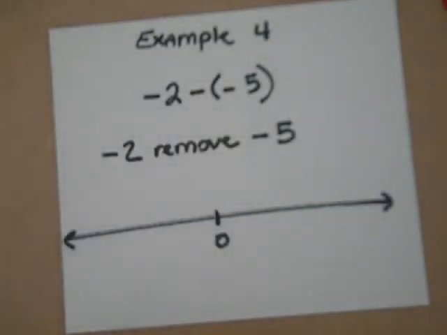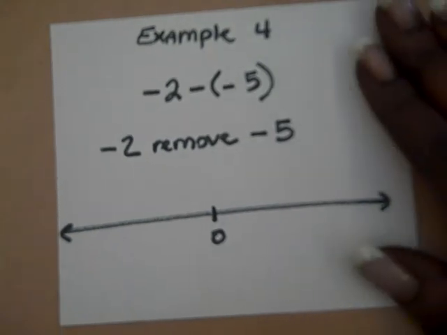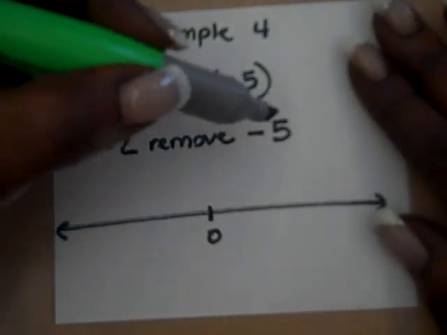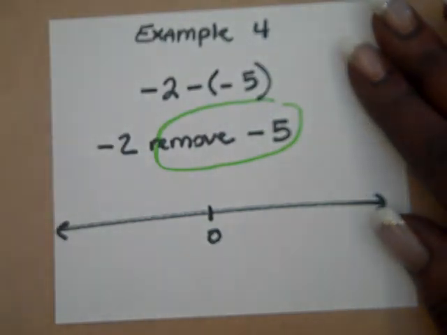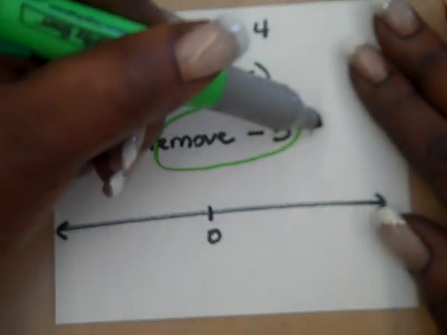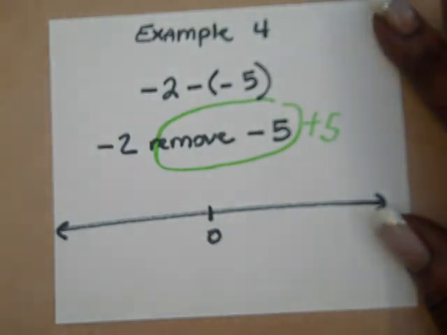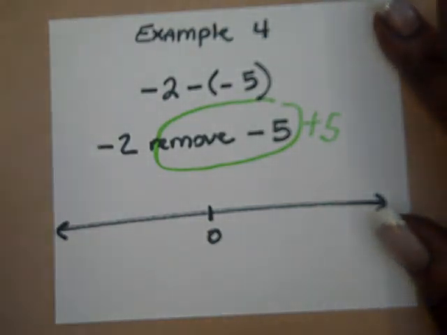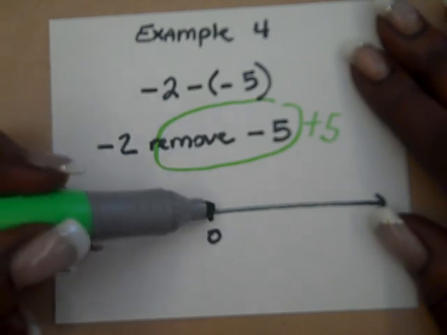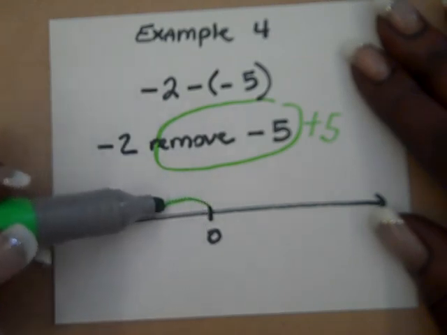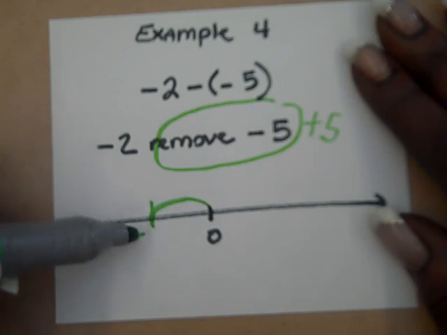Let's do another one. In this example, it says -2 remove -5. We just discussed this. In order to remove 5 negatives, you must add 5 positives. So when you're modeling on the number line, you will of course start at 0 and move over to -2.